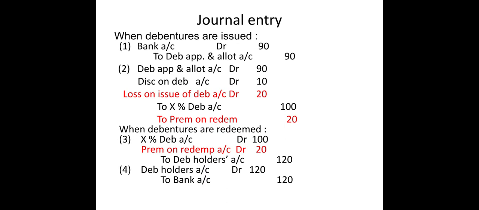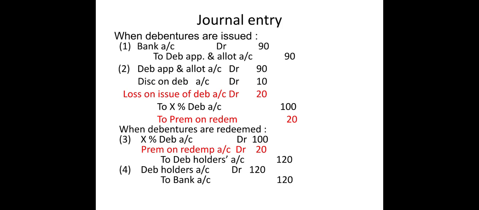Student, we should notice here that in this case, I have considered discount as 10%, means 10 rupees. But it is not compulsory that discount is always 10%. It may be more or less. And the same thing is applicable for premium on redemption, student. Premium on redemption can be more or less.